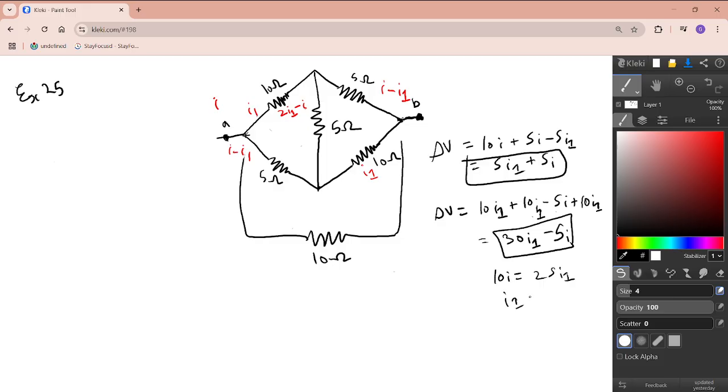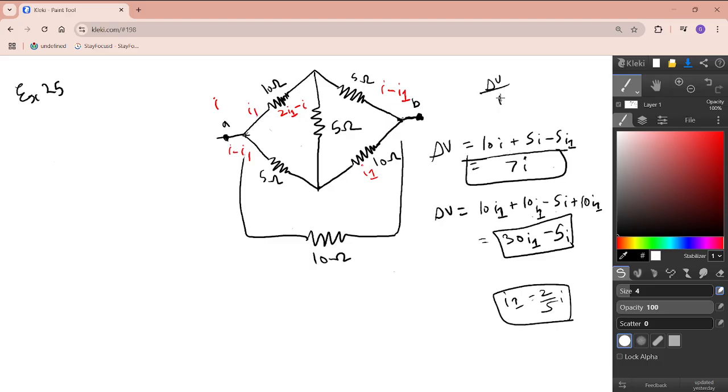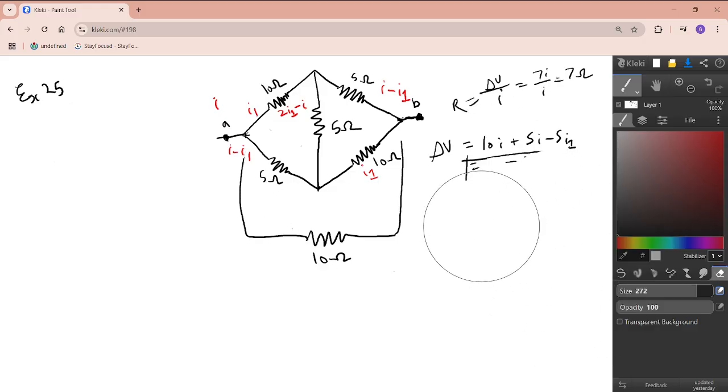So I1 is 2 by 5 I, right? Substituting, this whole thing becomes 7I. 7 ohm, I'd rather say. And so we divide delta V by the current that we sent. That was I. So 7I by I. So 7 ohm is the equivalent resistance.